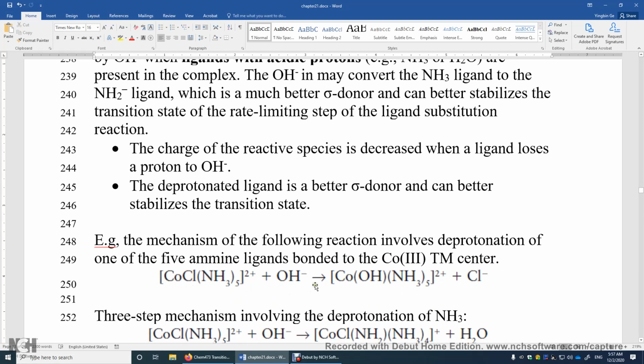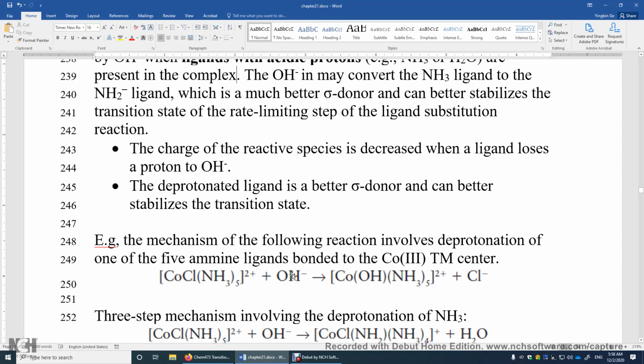In this reaction between this hydroxide and this pentaamminechloridocobalt(III), this OH- exists in a solution.